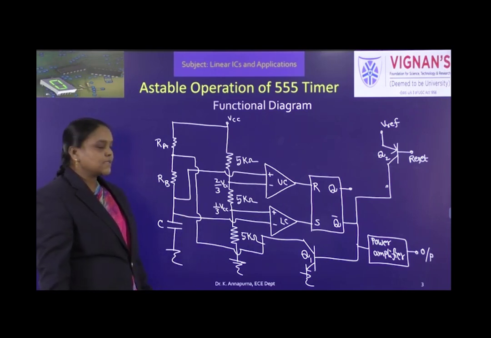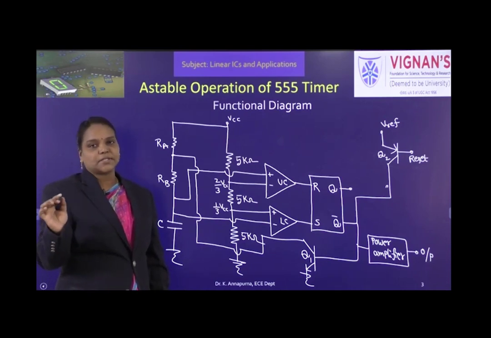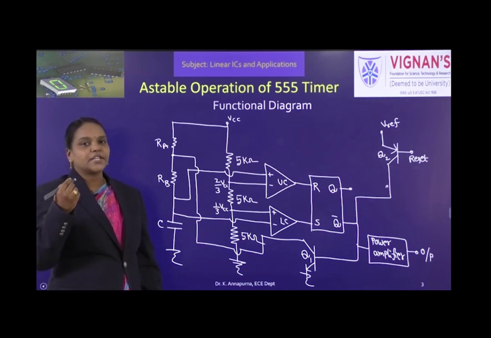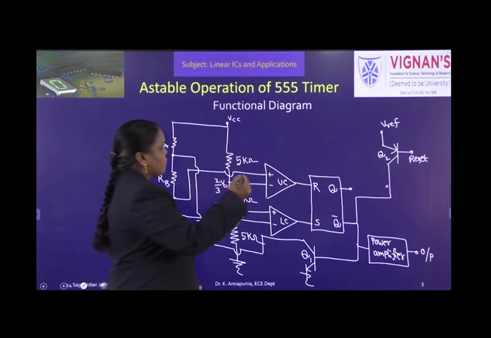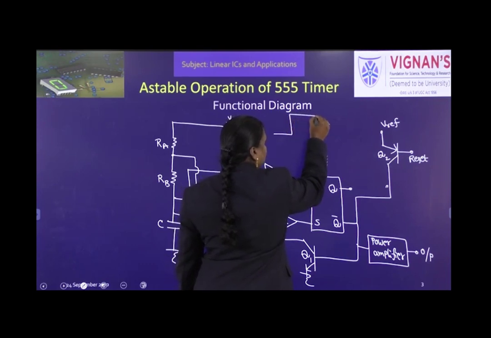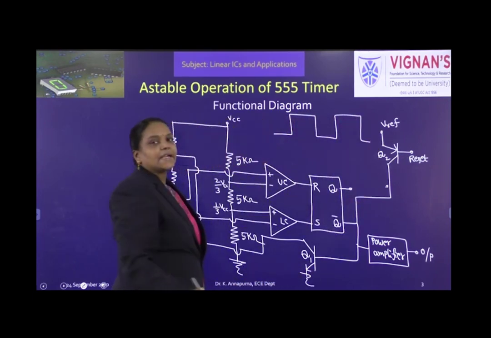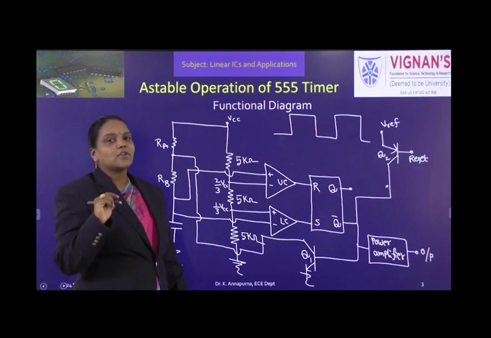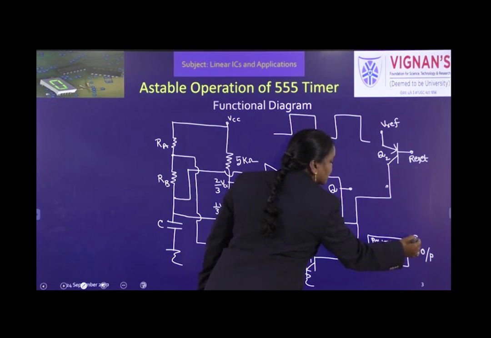So here let us see the operation, and here we are not using any external trigger pulse. So how is it going to generate the square wave? Square wave means it will have an on state and off state like this, right? So initially let us assume the output is logic low, which means this is 0.